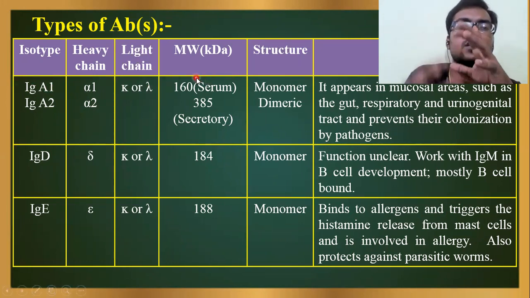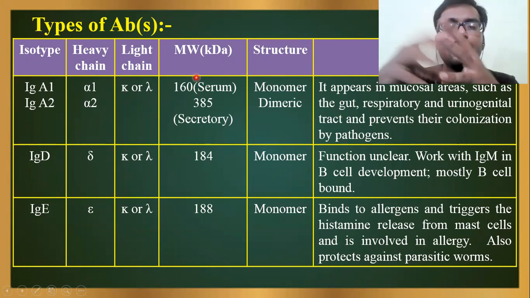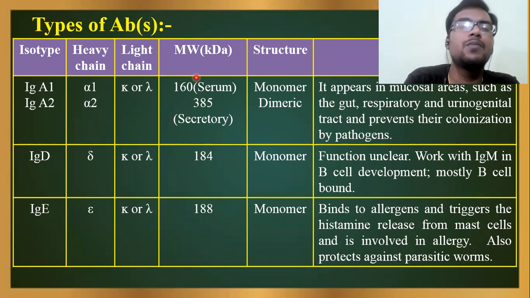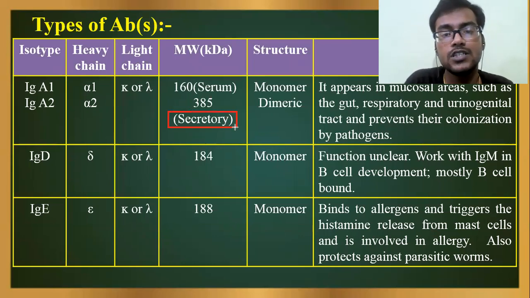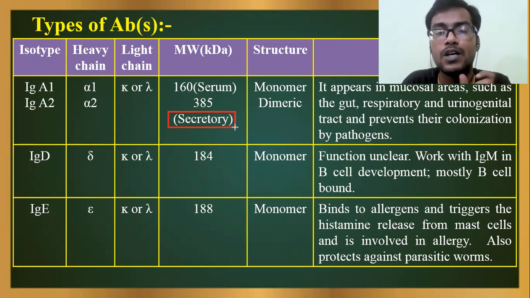Immunoglobulin A, or antibody A, is found in 2 forms in human beings: one in the serum form and another in the secretory form. In the secretory form, immunoglobulin A is secreted from the human body.